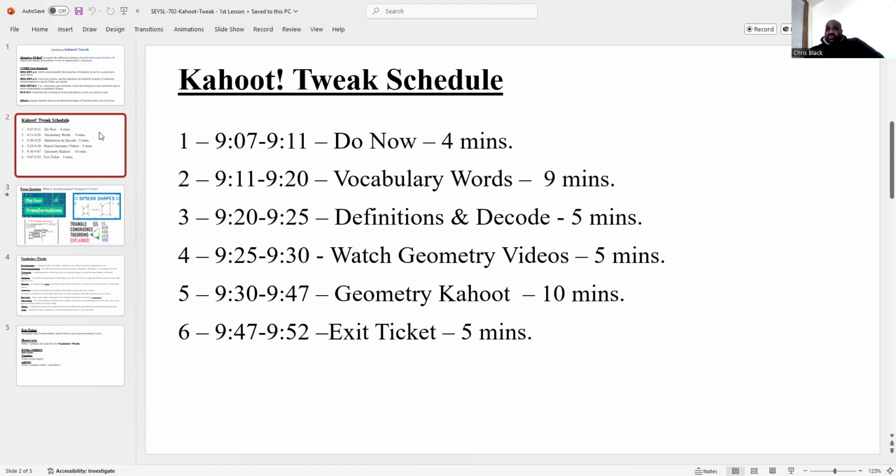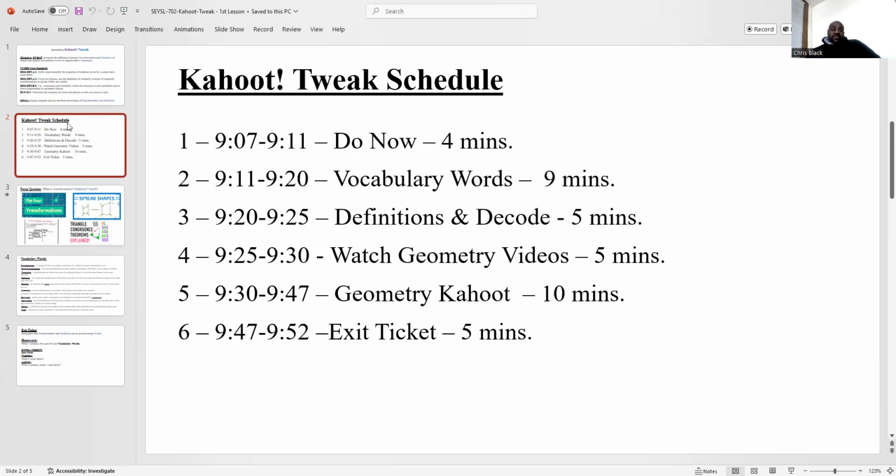We can give them a little refresher on the previous day's lesson. Then do the vocabulary words, definition to decode, watch geometry videos, geometry Kahoot, and then we do an exit ticket, which is basically to sum up what we've done, the lesson that was taught, and the kids' retention of what was taught during that day, during that class.